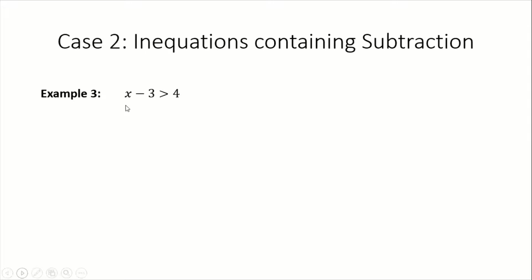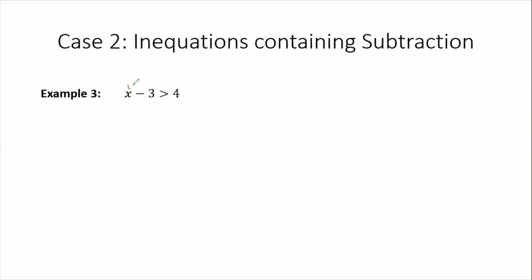Example 3. We're given x minus 3 is greater than 4. Again, you know that x is the variable, minus 3 is a constant, and 4 is a constant. But for those who don't know, don't take things for granted, and let me just label them.